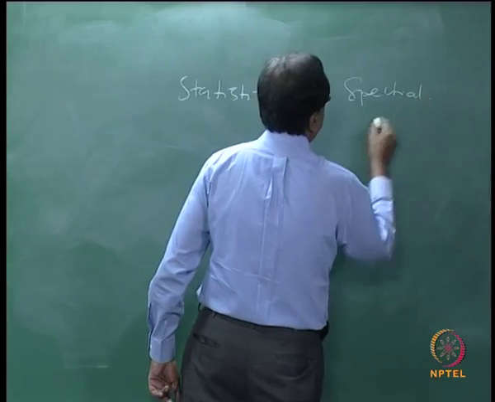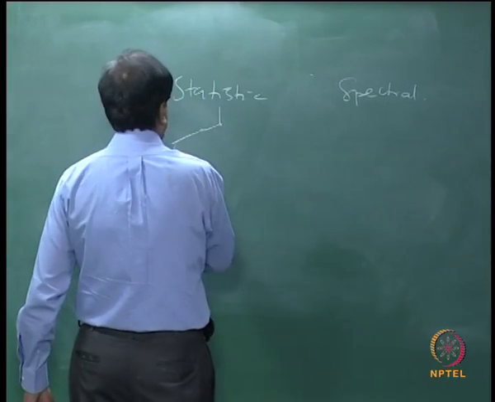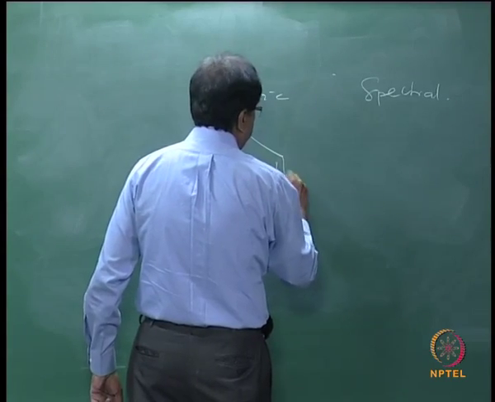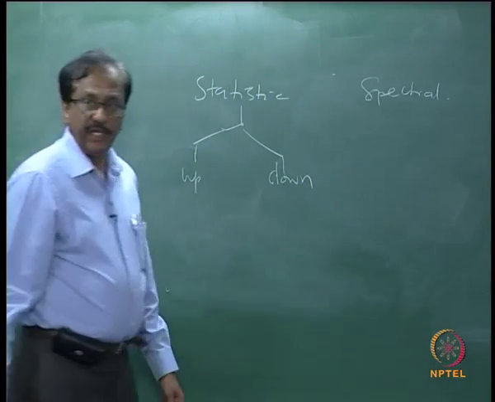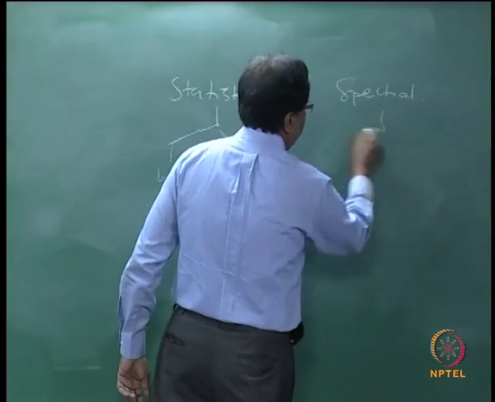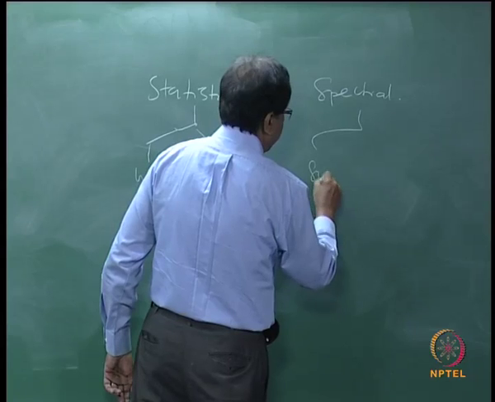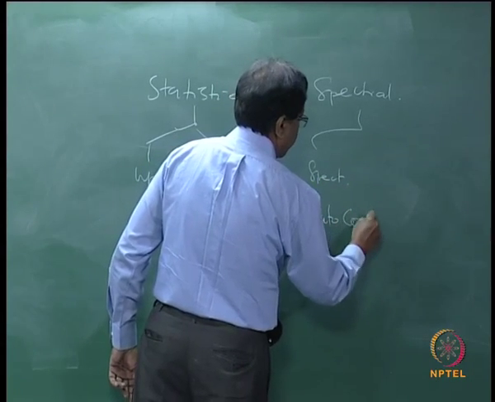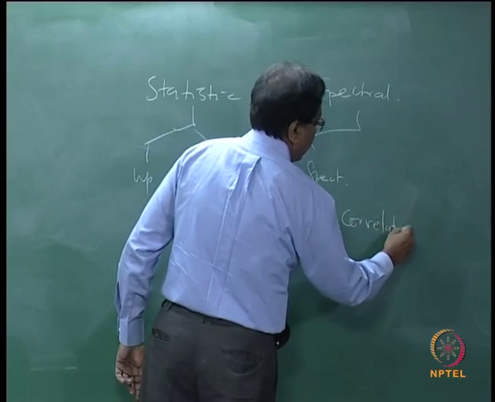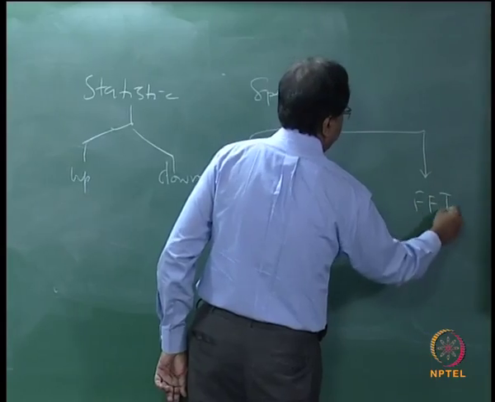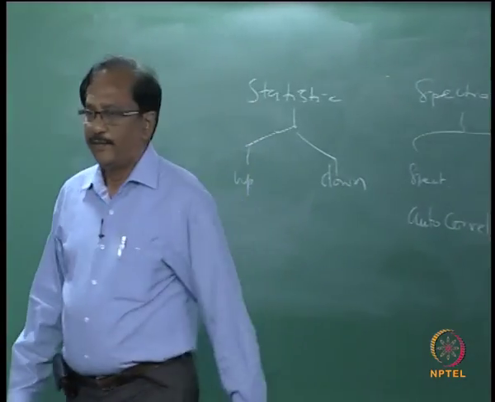Under the spectral method, here we had the up cross and the down cross, which we have already seen. Now under the spectral method, we have the spectral method via autocorrelation, and now a much faster and easier method, that is the fast Fourier transformation.